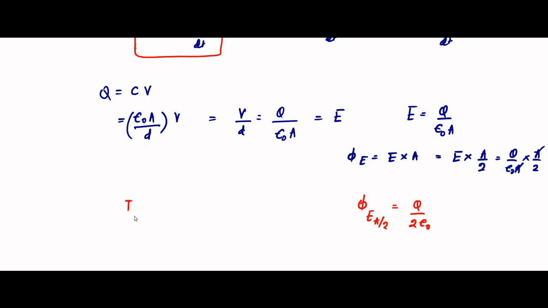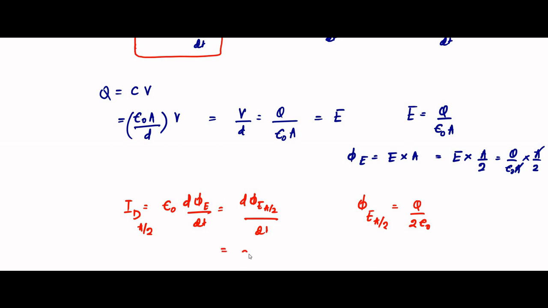Now displacement current is how much? Epsilon 0 d phi E by dt, rate of change of electric flux with respect to time. So here it will be d phi A by 2 by dt for the small area.